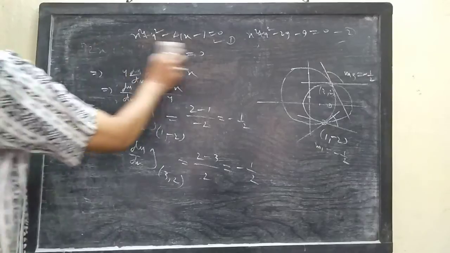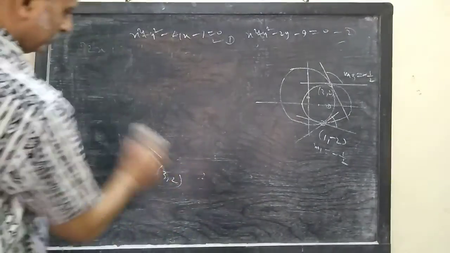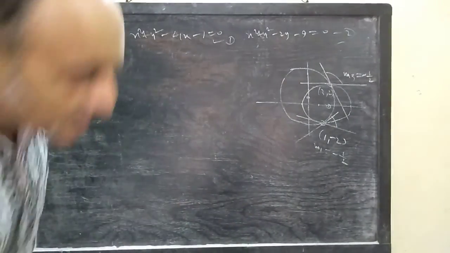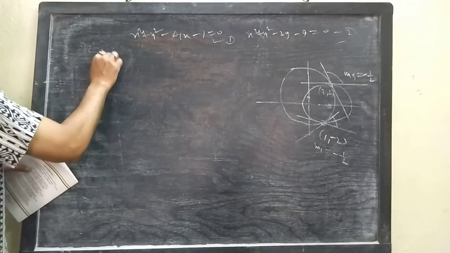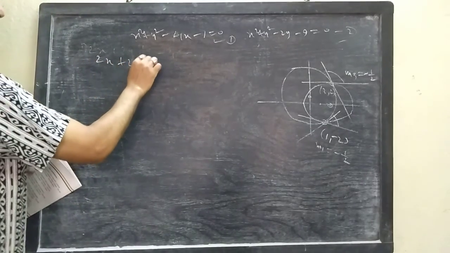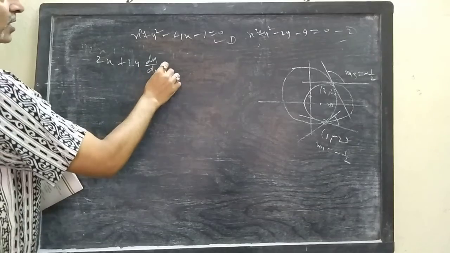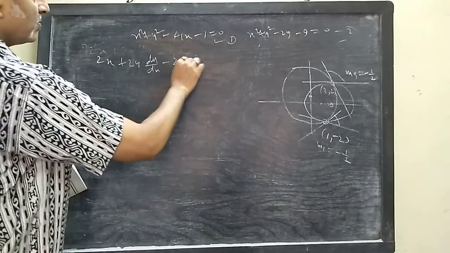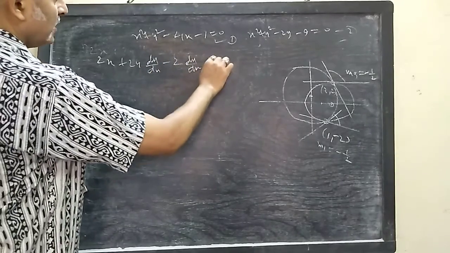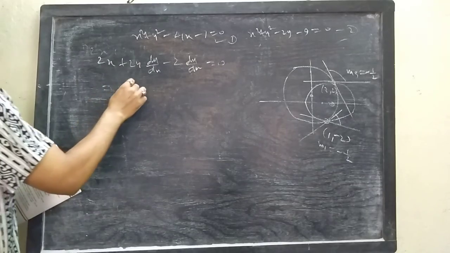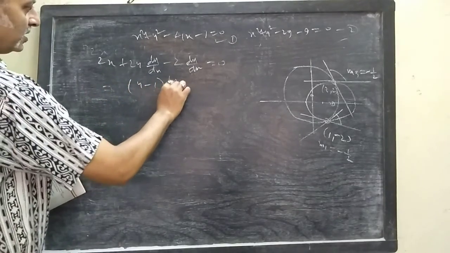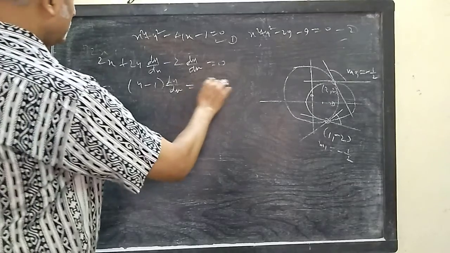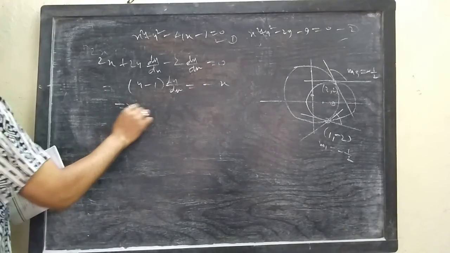Next, differentiating both sides of 2 with respect to x, we get 2x plus 2y dy dx minus 2 dy dx equals 0. We get y minus 1 into dy dx is equals to minus x.